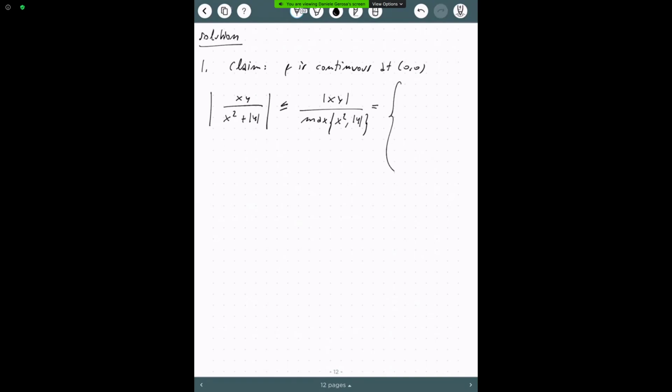So this is equal to xy divided by x squared if x squared is greater or equal than the modulus of y, or this is equal to the modulus of the sine of y times x if the modulus of y is greater or equal than x squared. So we have these two cases here, right?